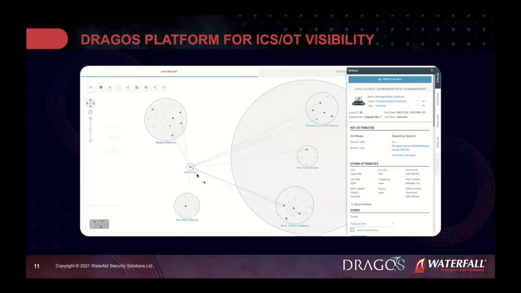Specifically when it comes to adversarial targeting, historians are potential pathways that an adversary could use to pivot throughout the environment. You can look here on the screen and see the communication that the historian is having with all the different networks that we have.